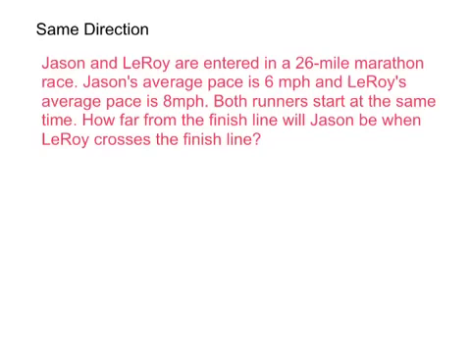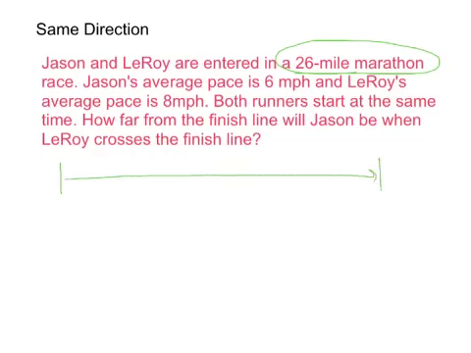Okay, so our first example is motion in the same direction. Jason and Leroy entered a 26-mile marathon. So this is the total distance that they're each going to travel. They're each trying to go from point A to point B, which is 26 miles.